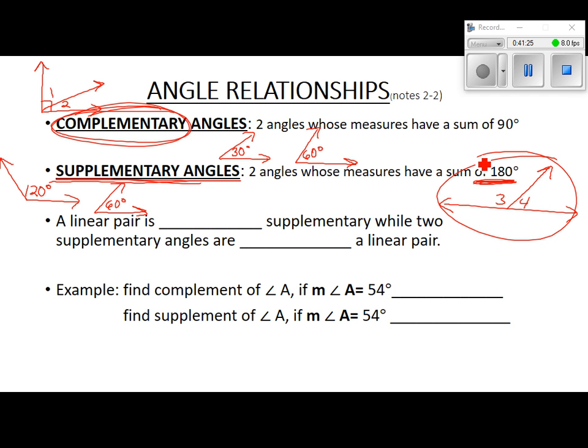So they're always supplementary. If you have a linear pair, the angles are going to be supplementary every single time. Do two supplementary angles have to be a linear pair? No, they could look like this.